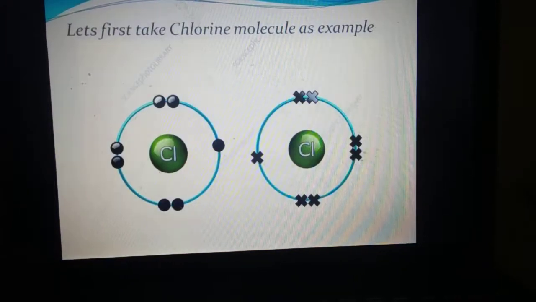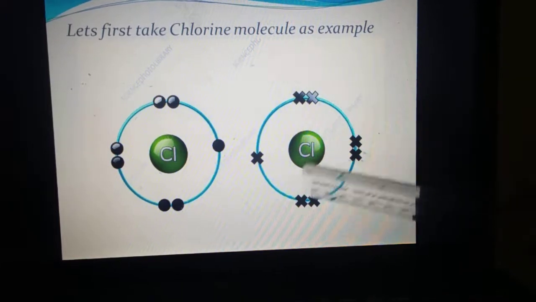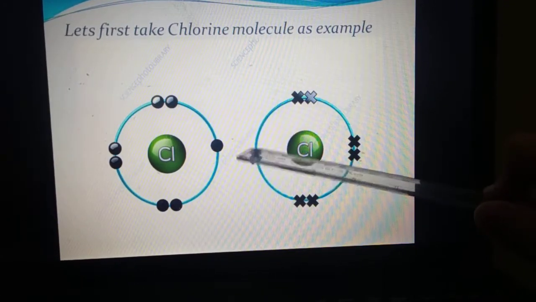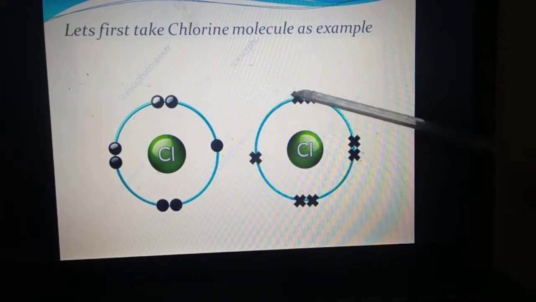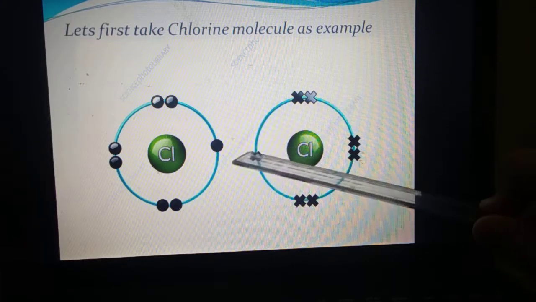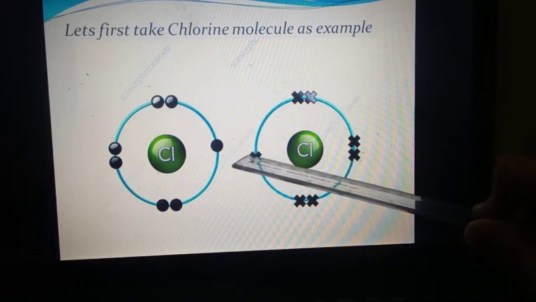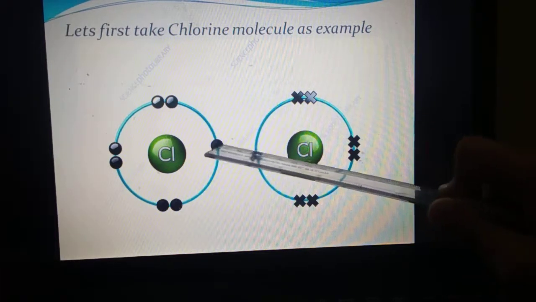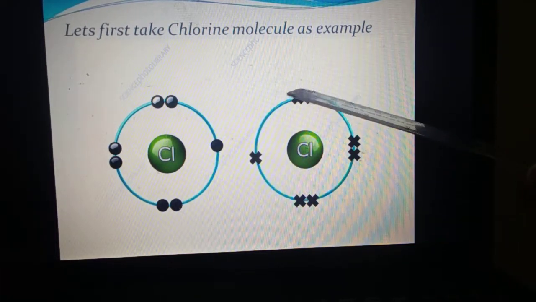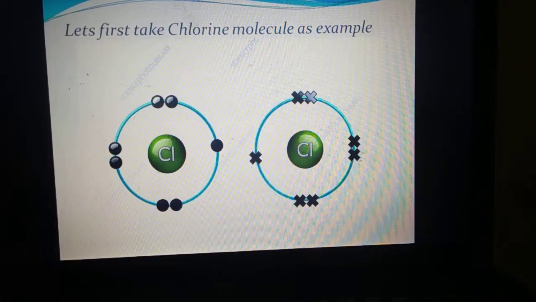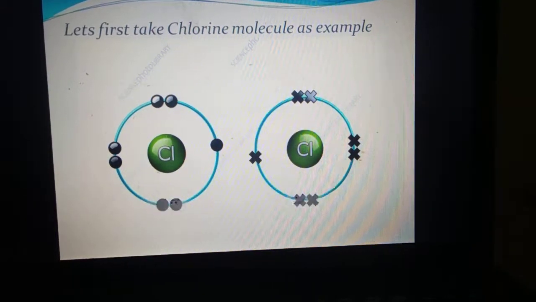Here we put only 7: 2, 4, 6, 7. So both chlorine are sharing 1 electron with each other to get 8 electrons for getting stable compounds. So when one chlorine shares 1 electron with the other chlorine, they will both have 2, 4, 6, 8 electrons together, and they will form Cl2 molecule.